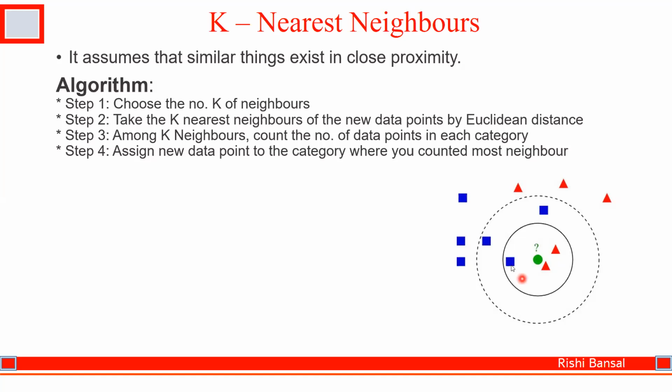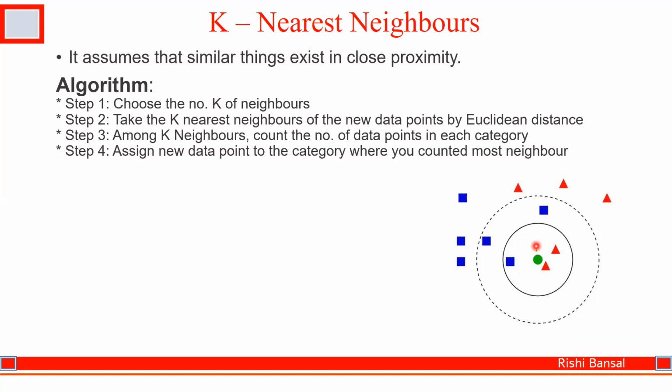Of these 3 readings, 2 are red and 1 is blue, so this new reading will be categorized as red. It is not based on distance, it is based on the number of neighbors.